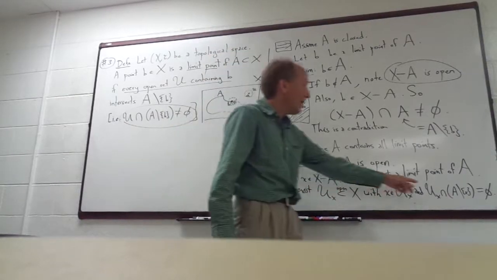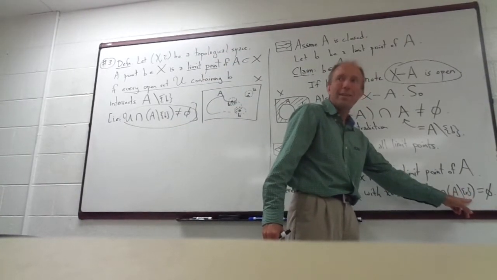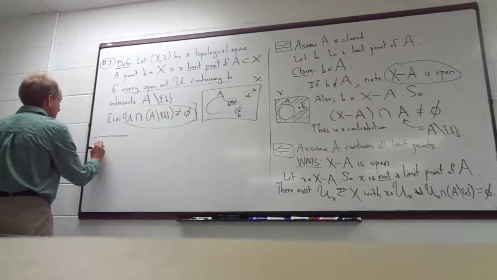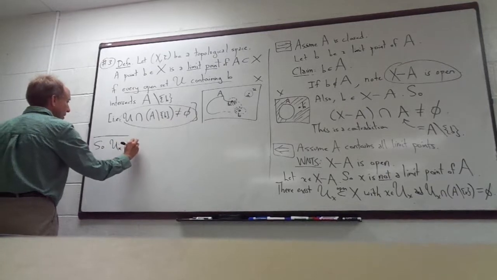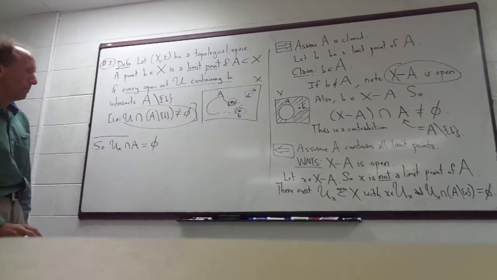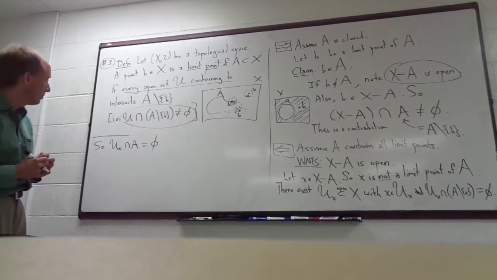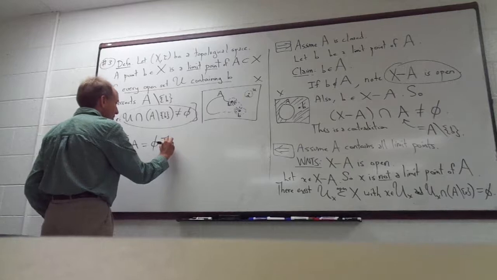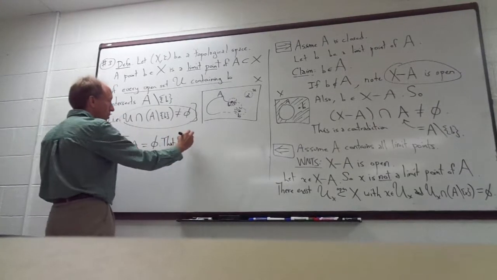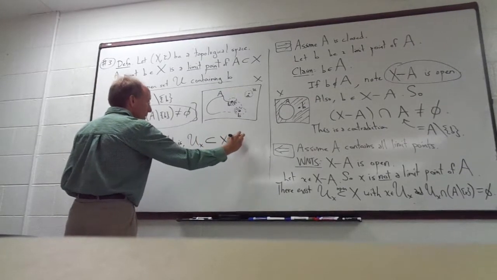If x is not in A, then what is A minus the set x going to be? Just A, exactly. So in other words, u sub x intersect A is empty. Another way of saying that is just that u sub x stays inside of X minus A.